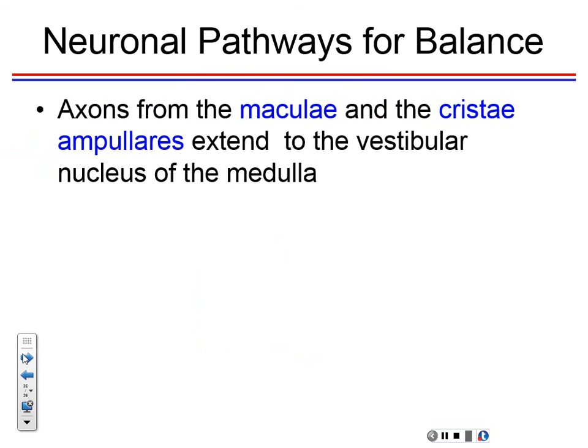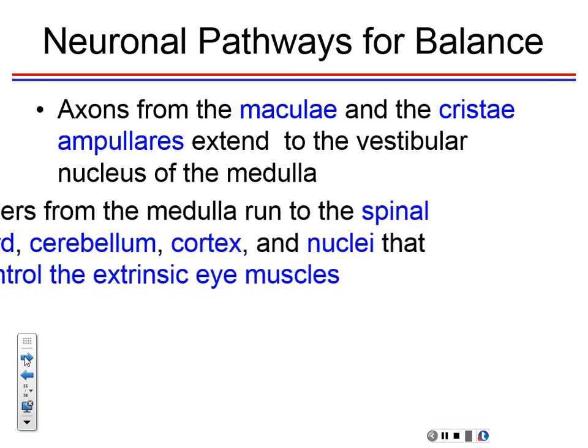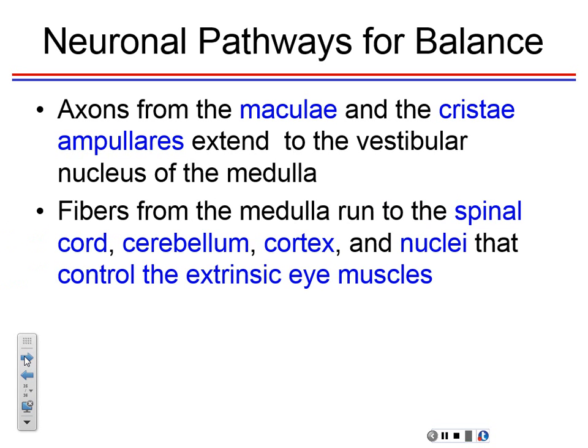So the neuronal pathways for balance again go through the vestibular part. The macula for static balance and the crista ampullaris for dynamic balance are involved here. They generate the action potential. Again, it goes to the medulla, where it's processed. Then it goes to the spinal cord, because balance involves spinal reflexes going to the muscles and back and forth.